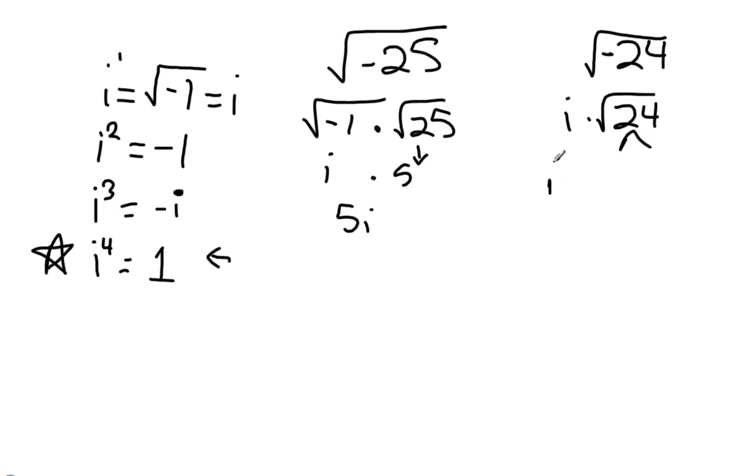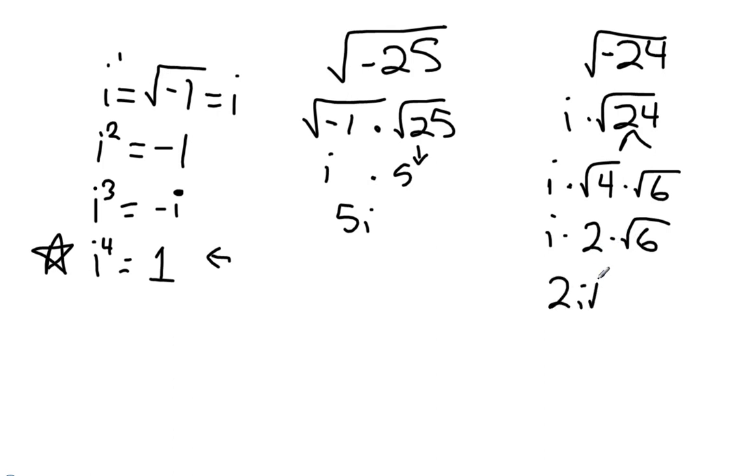So this is i times the square root of 4 times the square root of 6. And we can actually do the square root of 4. That's 2. Square root of 6, not so much. So we have i times 2 times the square root of 6. 2i times the square root of 6 is your answer. That's it. Piece of cake.